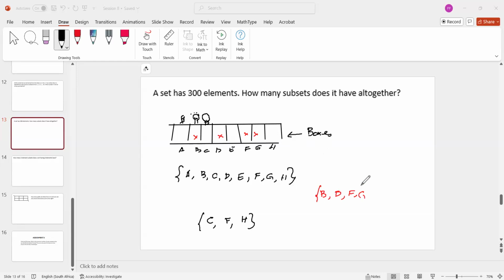So in other words, there is a correspondence between a subset and the lighting up of boxes. Now that is very crucial, because if you want to count how many subsets there are, you have to count in how many ways this box can be lit up.